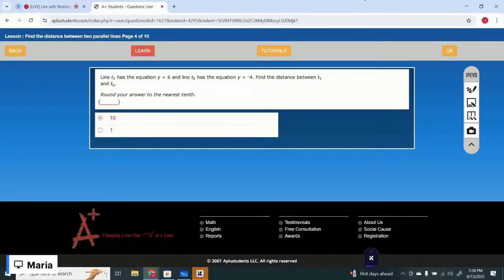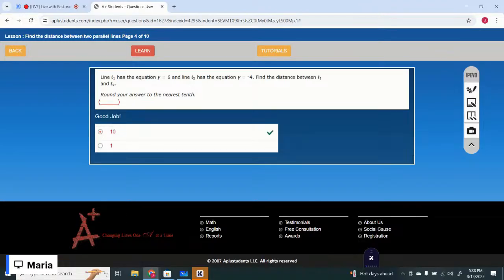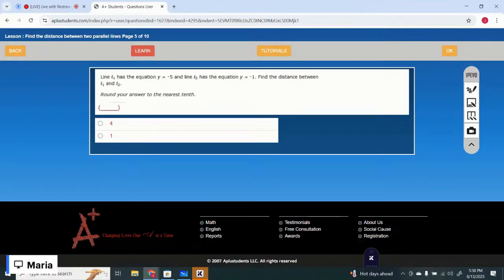6 minus negative 4 is 10. Option number 1 is the correct option. Line L1 has the equation y equals -5 and line L2 has the equation y equals -1.